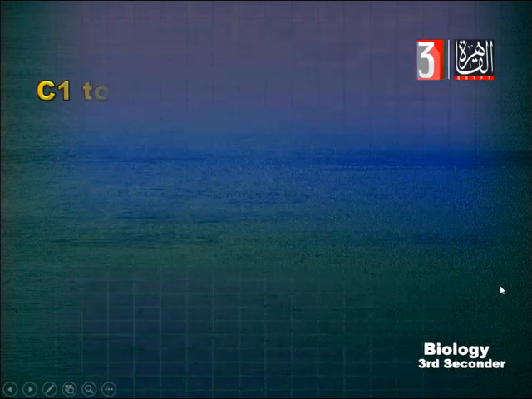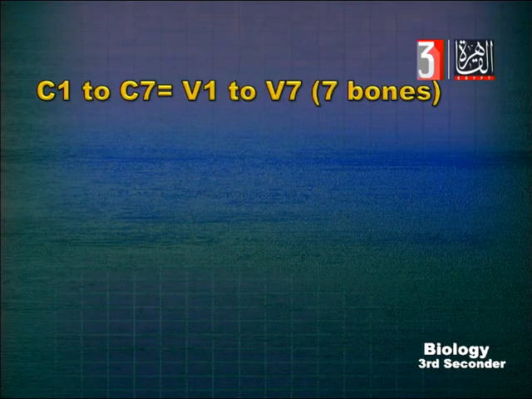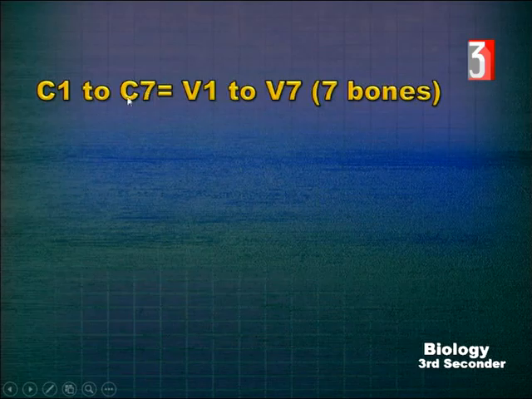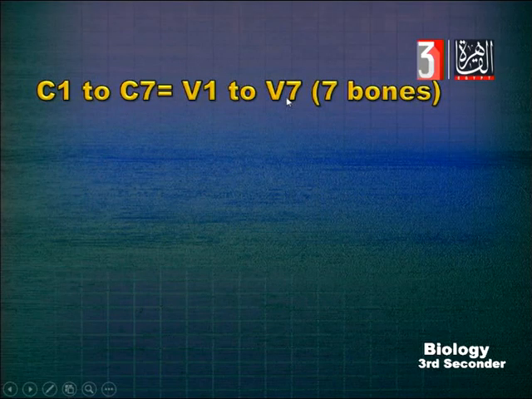Okay. Let's study again how to calculate the number of vertebrae from cervical vertebra number 1 to cervical vertebra number 7. It is the same number in the vertebral column, vertebra number 1 to vertebra number 7, and they are 7 bones because they articulate together, not fused.